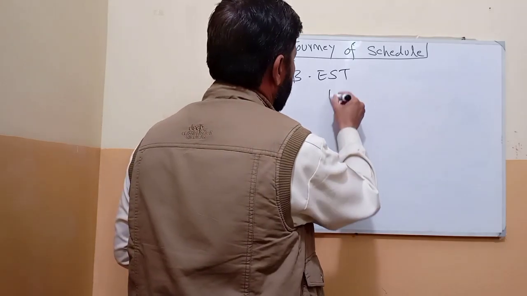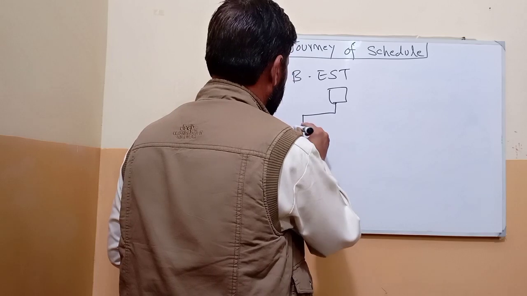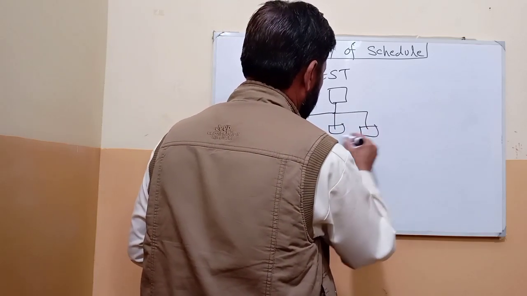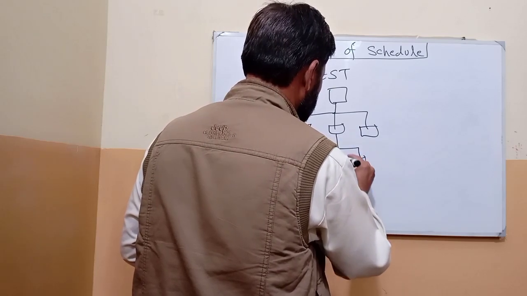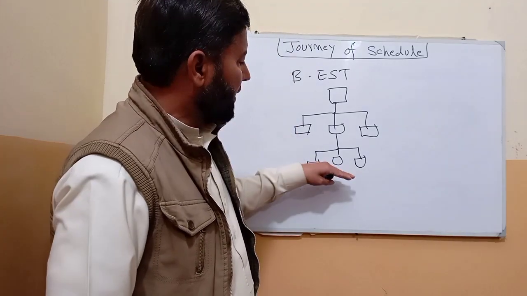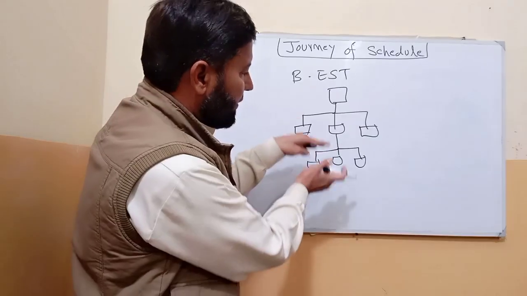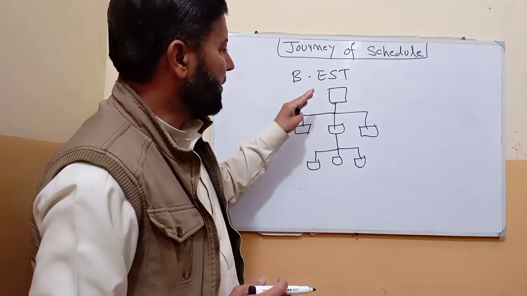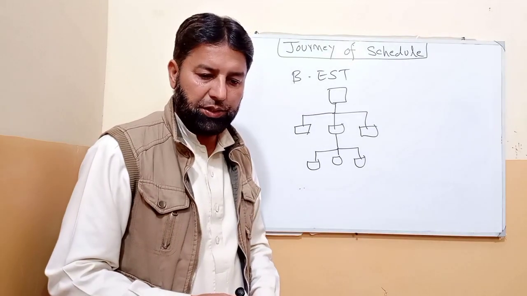We have a deliverable and we decompose it further. Just an example. We add small activities going to the top and we get the bottom up estimation. This is called bottom up estimation.